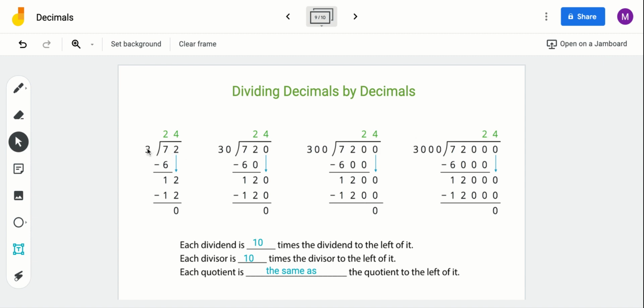The dividend and the divisor are both 10 times as much, but the quotient is the same.